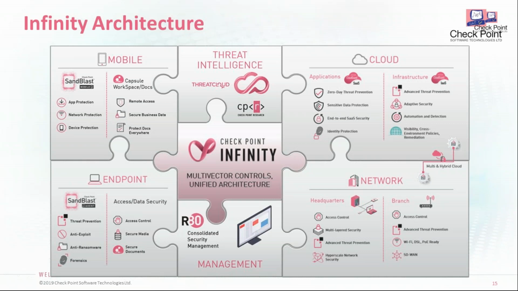And those appliances can be either physical tin hardware or software deployed, but no matter what, the technology remains the same across it. So we can deploy our antivirus, our firewalling, IPS, our anti-bot, and then of course we've got our next generation security, which we call Sandblast, which is dealing with the zero-day threats.